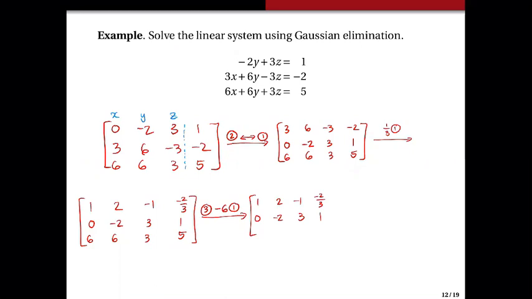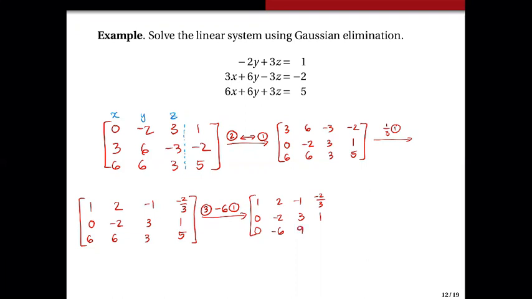For the third row, we have 6 minus 6 times 1. That becomes 0. And then here you have 6 minus 6 times 2. That becomes 6 minus 12. So this becomes -6. Here you have 3 minus 6 times -1. That becomes 3 plus 6.